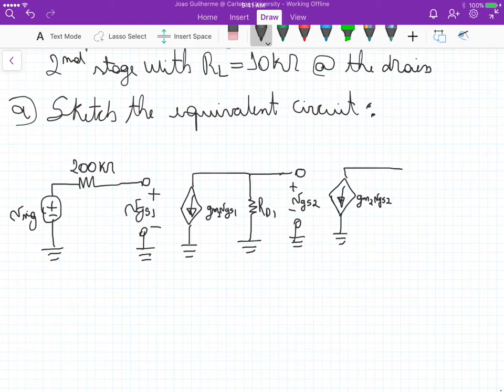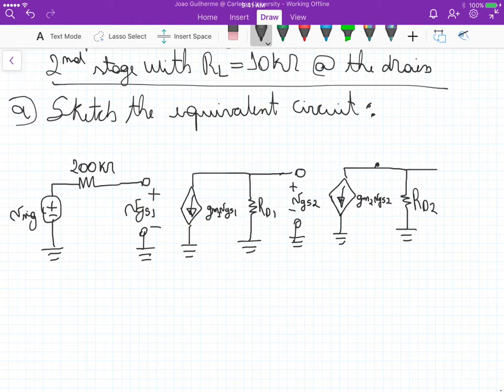And this one here is connected to the drain resistance 2. Remember that this terminal here is the drain. So for the second stage up here, we also have a load connected. This is our load, and this is our V out. So that's the circuit that we need to sketch.